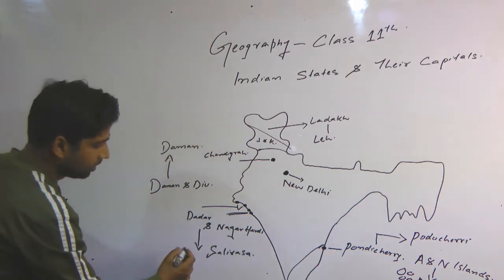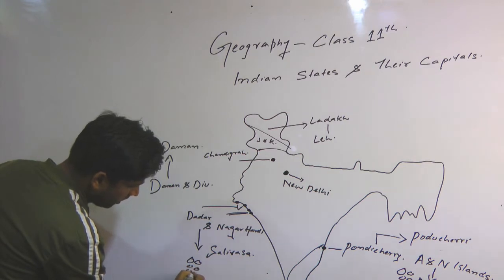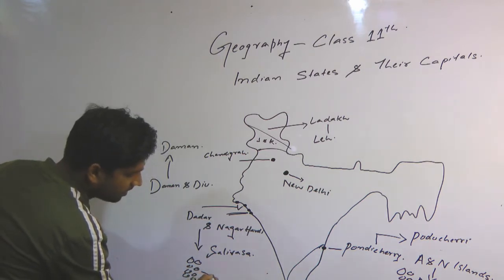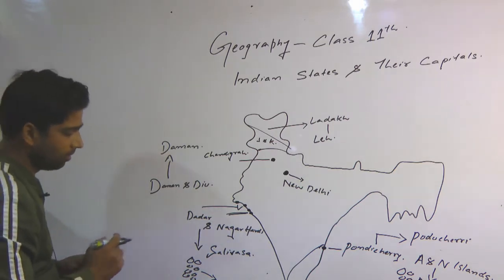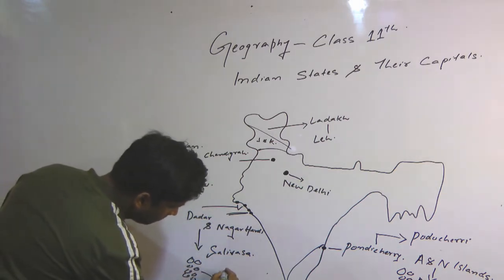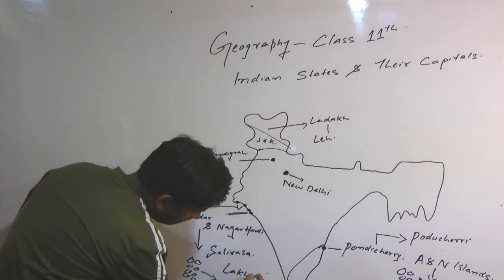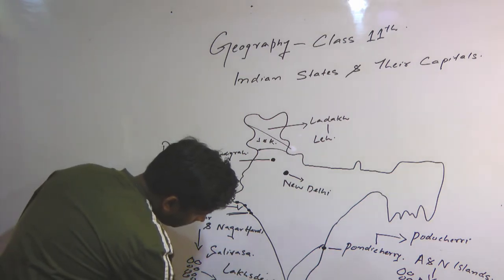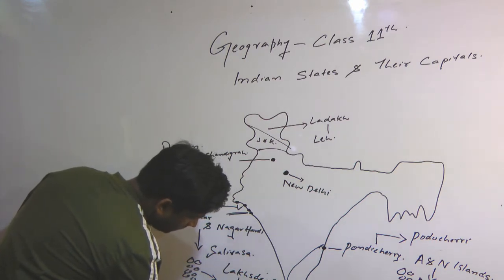And here is also a group of 36 islands, that is also a Union Territory of India, that is Lakshadweep, with its capital Kavaratti.